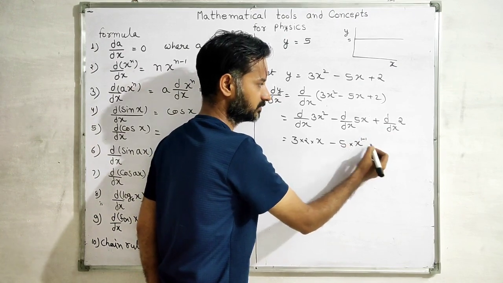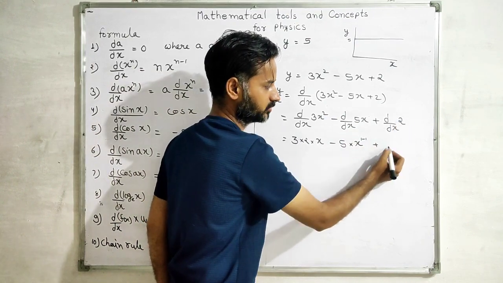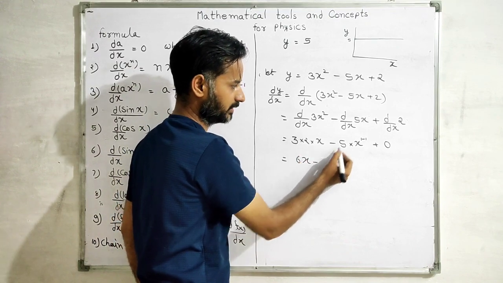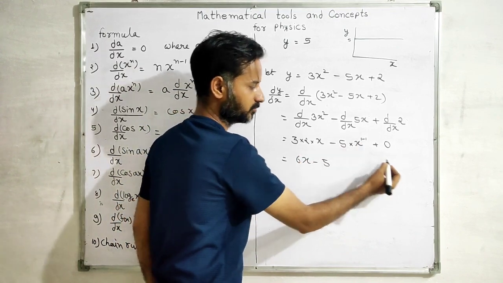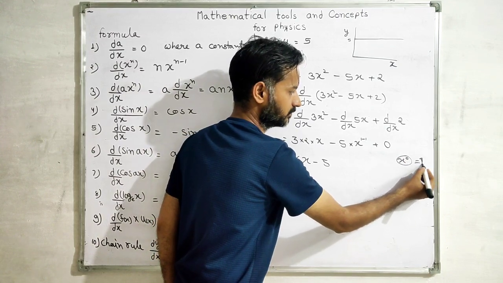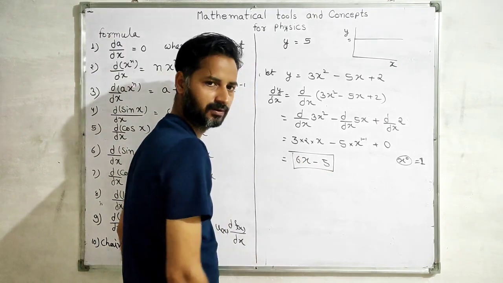So 1 minus 1. This is constant, so this becomes 0. Now we get 6x minus 5, x to power 1 minus 1, x to power 0, which is 1. So we get the value 6x minus 5.